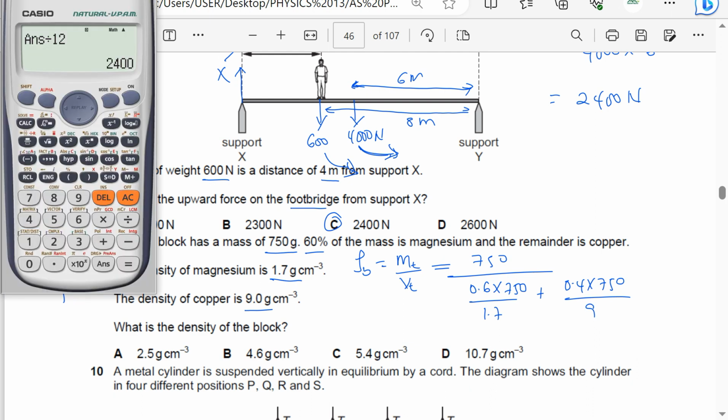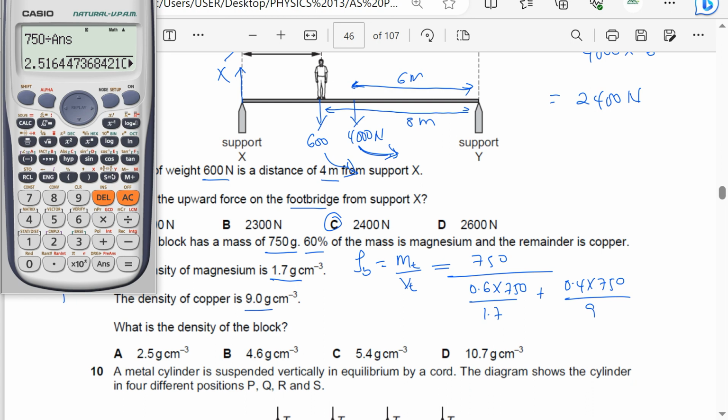I will start with the denominator: 0.6 times 750 divided by 1.7 plus 0.4 times 750 divided by 9. Then I will say 750 divided by the answer.